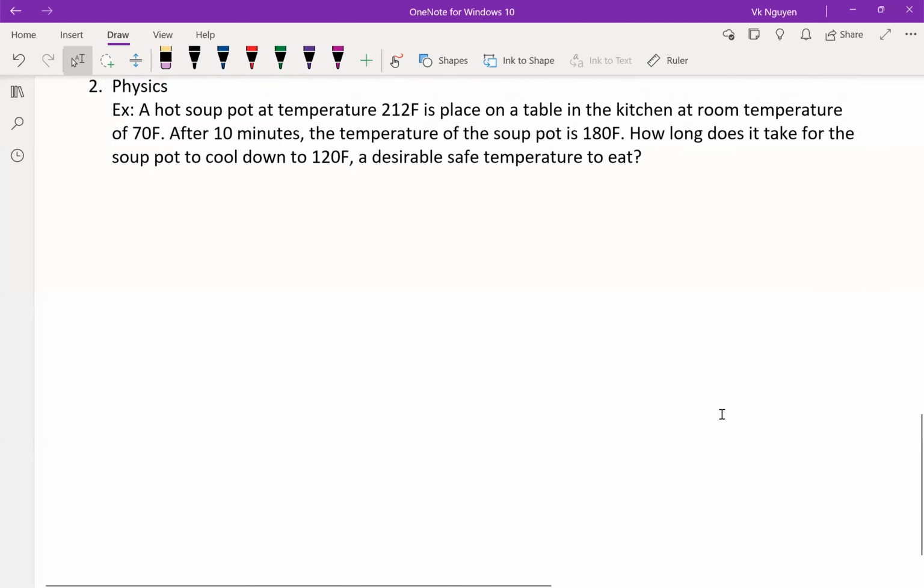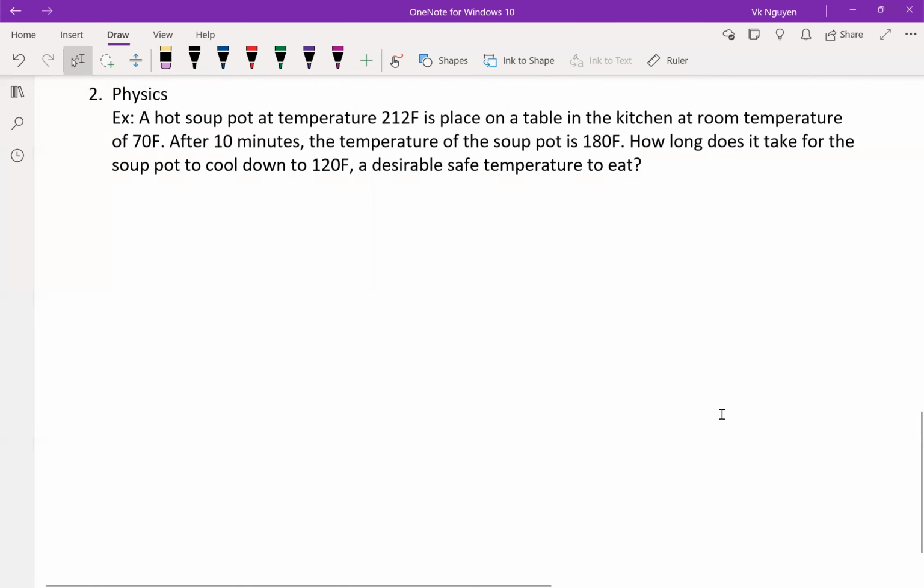Let's move on to application in physics. A hot soup at temperature 212 degrees F, that is boiling temperature, is placed on a table in the kitchen at room temperature of 70 degrees F. After 10 minutes, the temperature of the soup pot is 180 degrees F. How long does it take for the soup pot to cool down to 120 degrees F, a desirable safe temperature to eat?